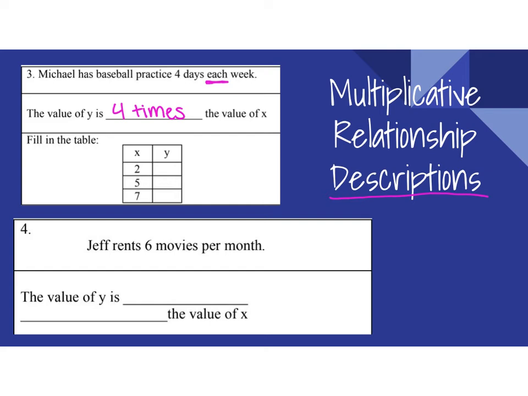In our table below, x represents the total number of weeks that Michael practiced, and y represents the total number of days that he's practiced. So our pattern would be to multiply by 4 each time to get to our y value.